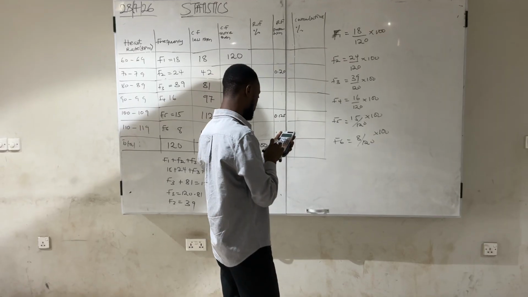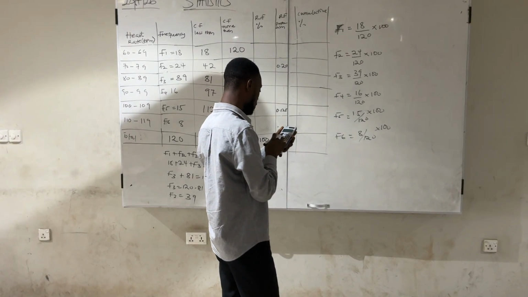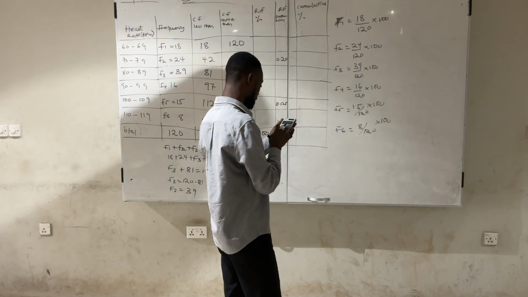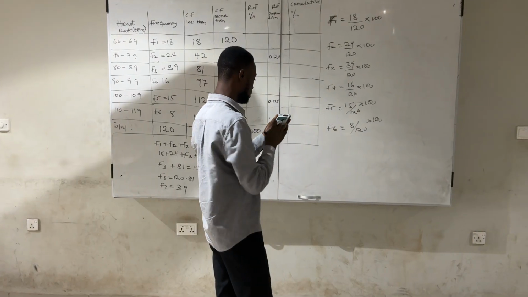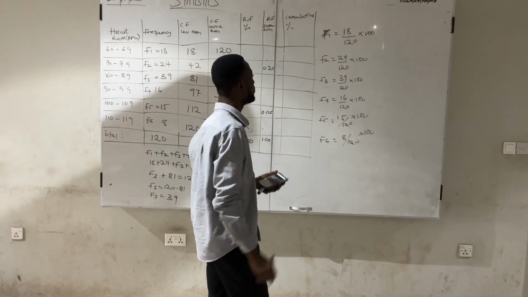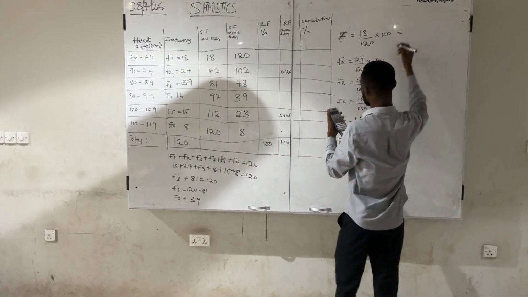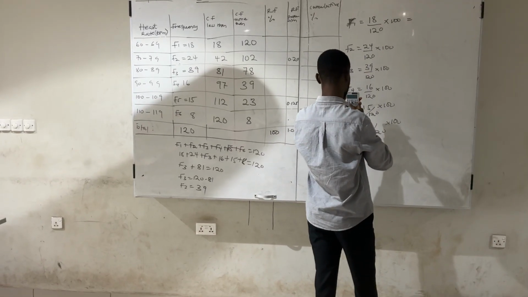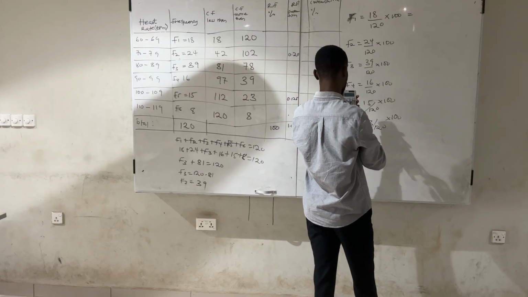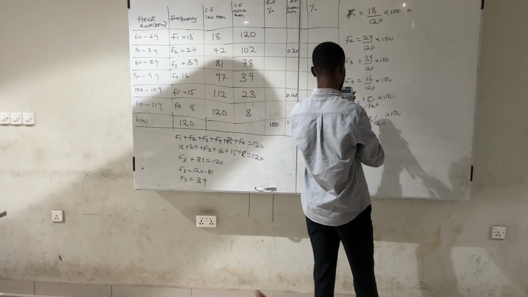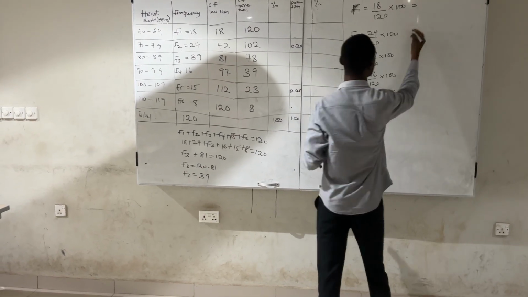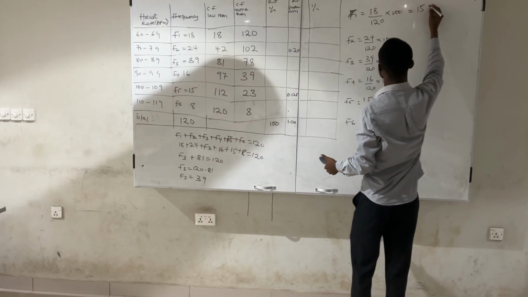So 18 divided by 120. Let me confirm. 18 divided by 120, it's 15. So here is 15%.